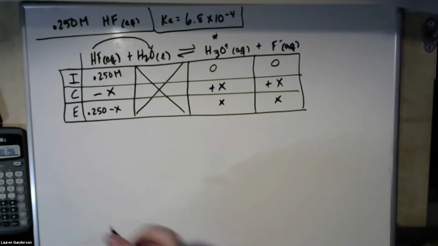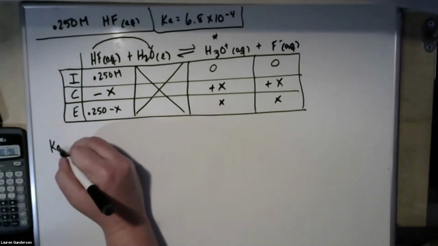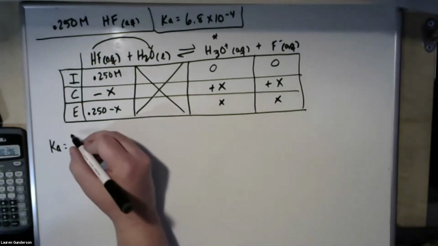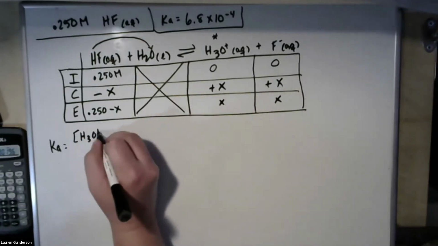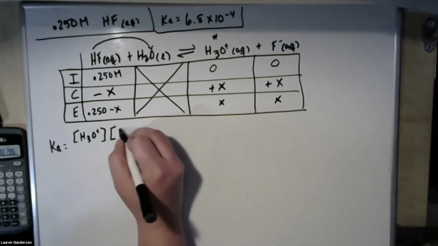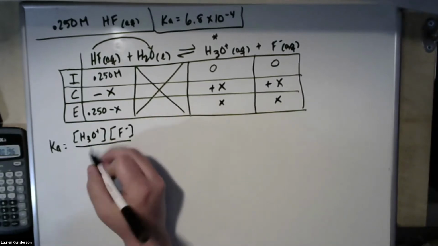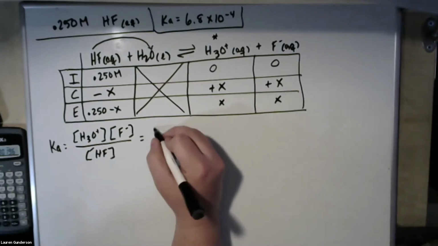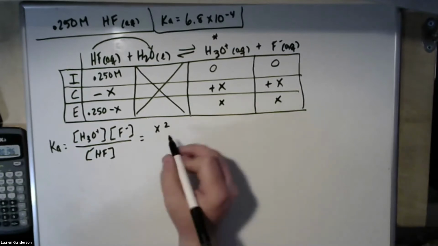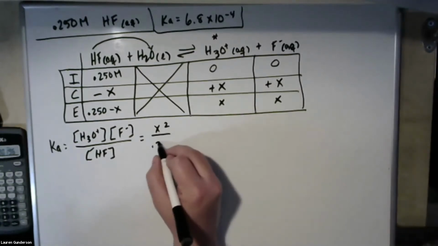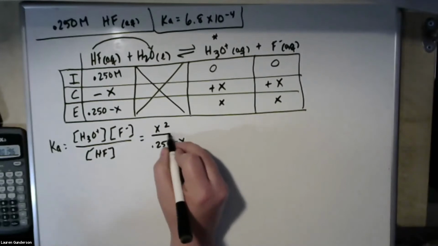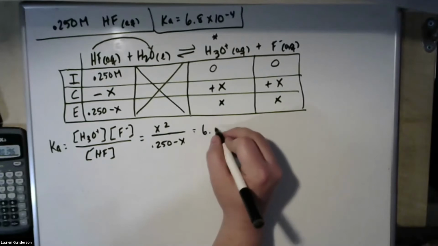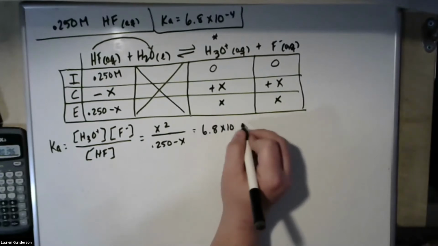All right, so our next step is going to be to set up our Ka expression, products over the reactants raised to the coefficients. So we have X squared over 0.250 minus X, and that's going to equal our Ka value of 6.8 times 10 to the negative 4.